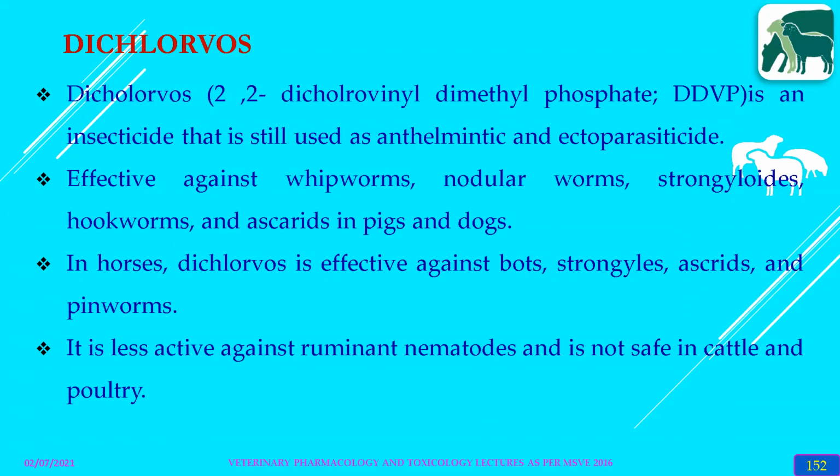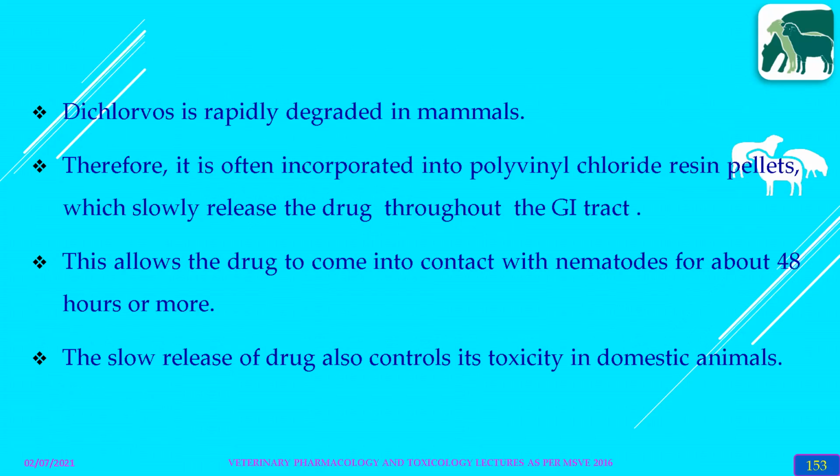And these are effective against whipworms, nodular worms, strongyloids, hookworms, etc. Then dichlorvos is effective against bots, external application, the strongyles, ascarids, and also the pinworms. Whereas it is very less effective against ruminant nematodes, and of course it is not safe in ruminants. Hence, academically only we can study some of these things.